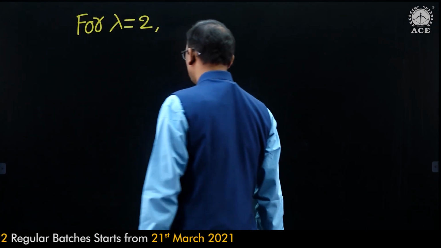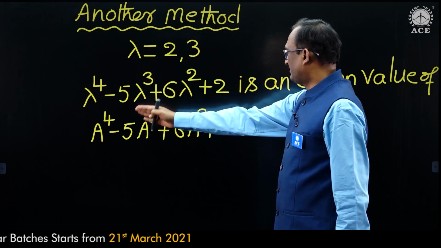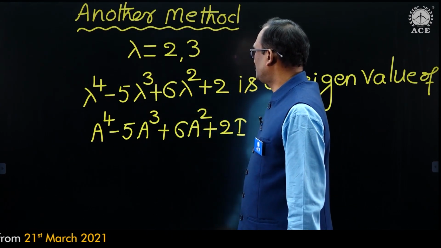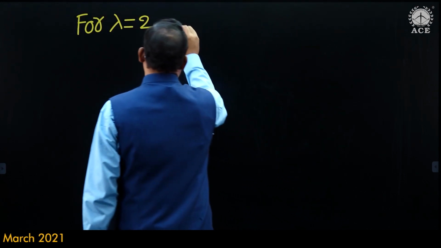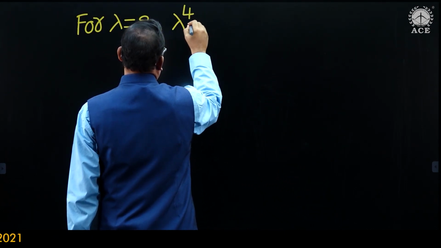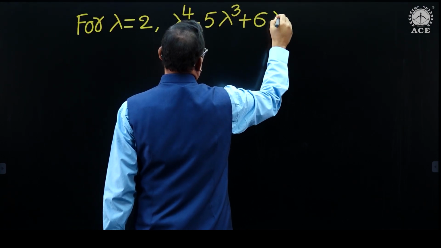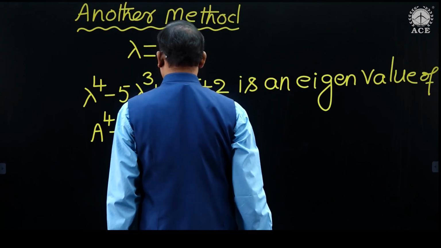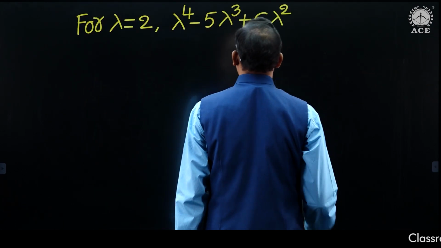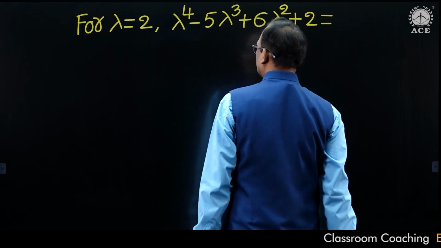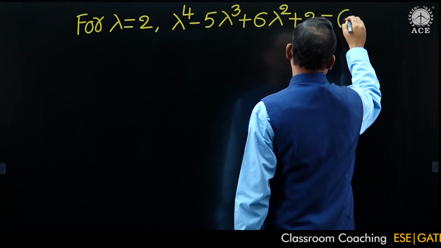For lambda is equal to 2. Take lambda is equal to 2 here. 2 power 4 minus 5 into 2 cube. Lambda power 4 minus 5 lambda cube plus 6 lambda square plus 2 is equal to lambda value 2.